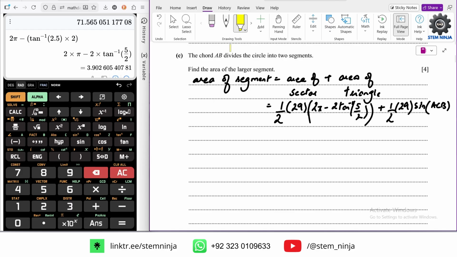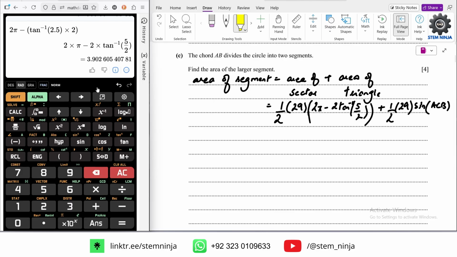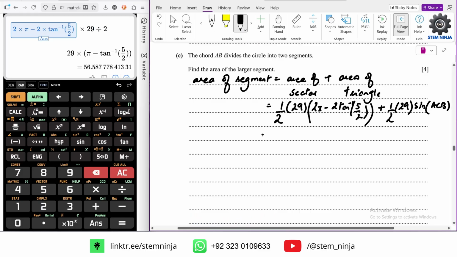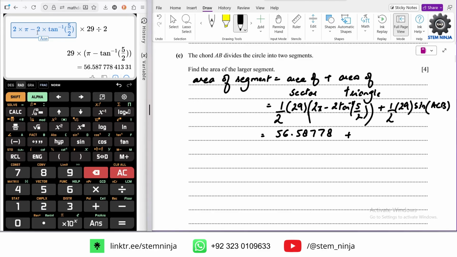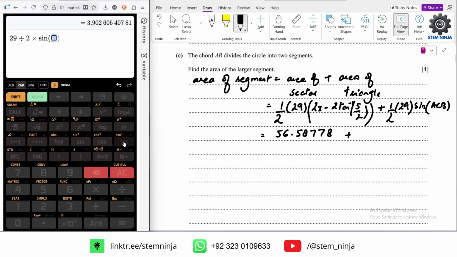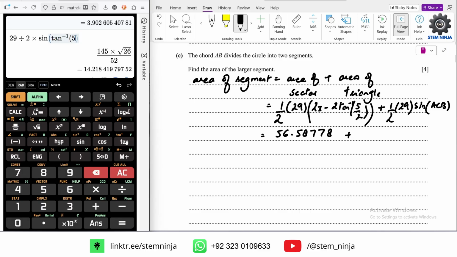Okay, so right, so this times 29 divided by 2 is 56.58778 plus we get 29 divided by 2 times sine of tan inverse of 5 over 2 times 2. So yeah, basically that's what we get.